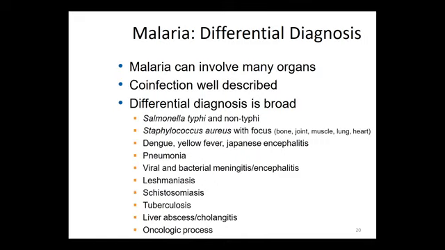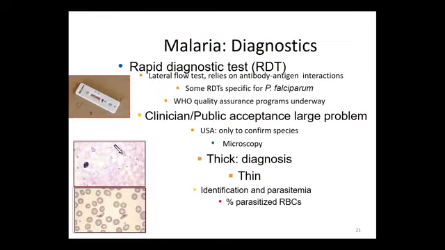So a person has a high, irregular temperature, and then just some neurological symptoms. Of course, you can think of meningitis or encephalitis, probably viral or bacterial. But again, don't forget about malaria, especially in endemic areas. Leishmaniasis, schistosomiasis, tuberculosis, liver abscesses, cholangitis, or an oncologic process.